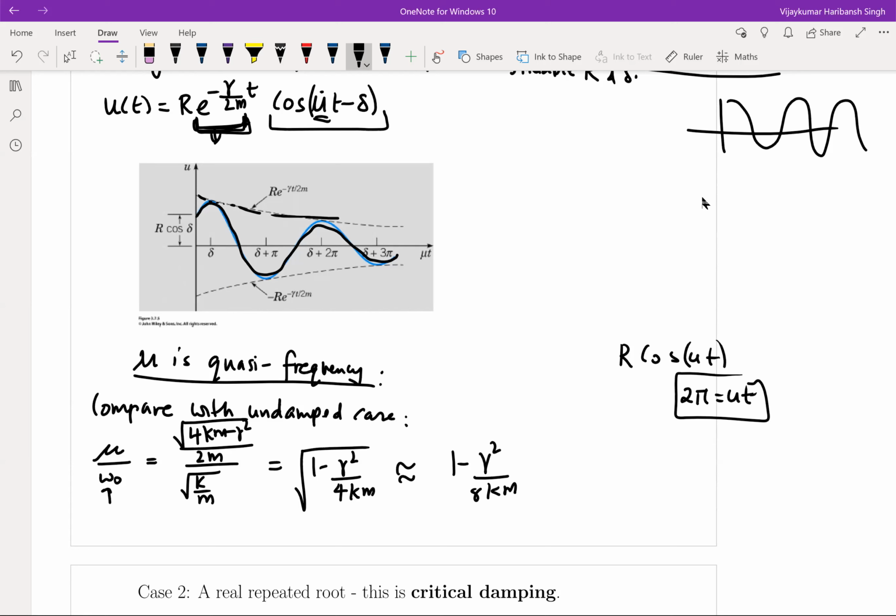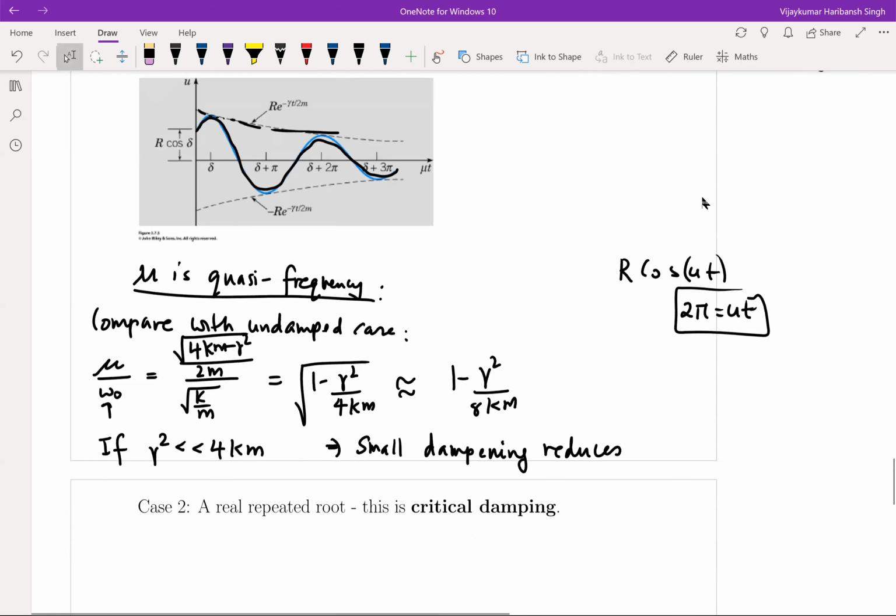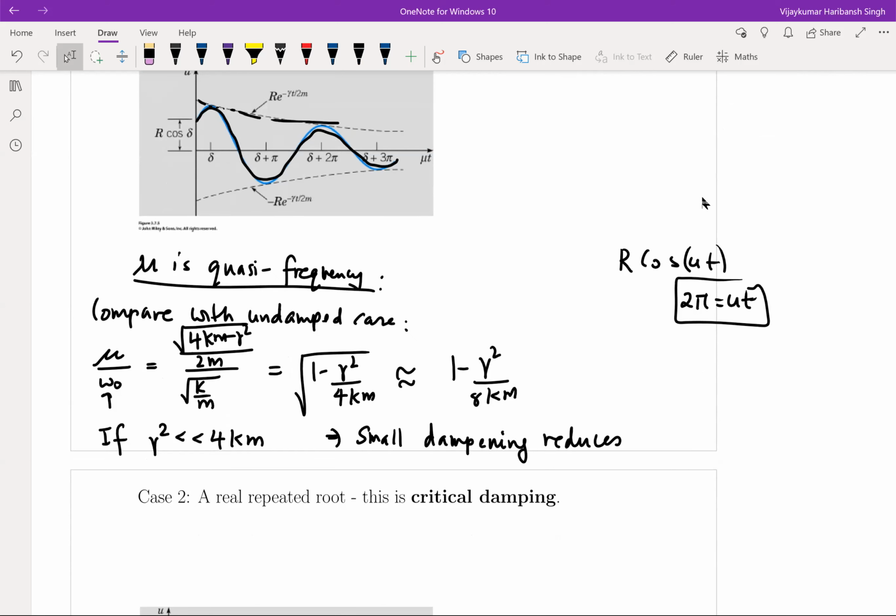So what do you notice from here? If gamma square is very small compared to 4km, this implies that small dampening reduces the frequency of oscillation.